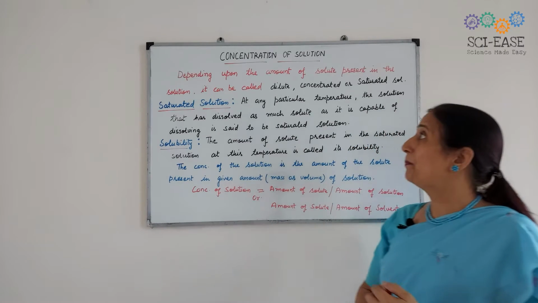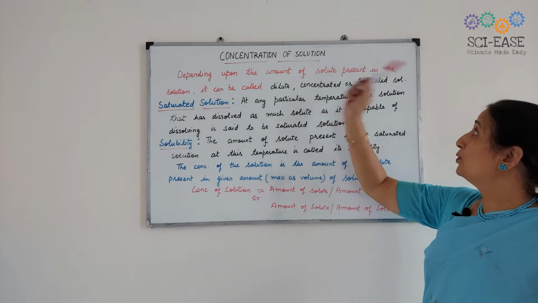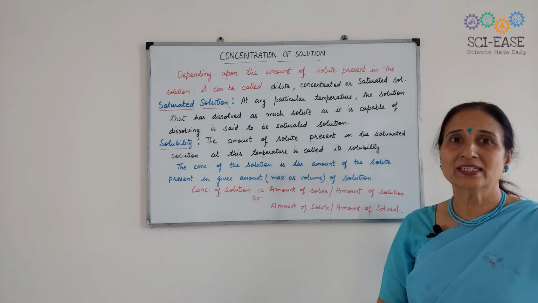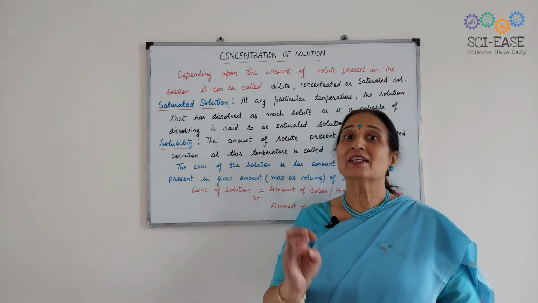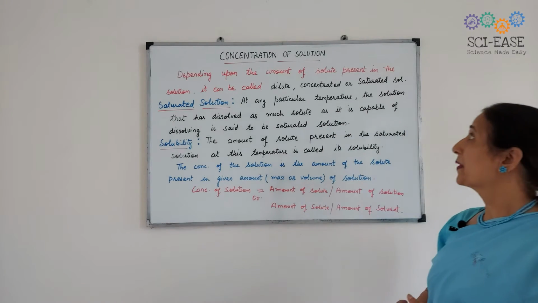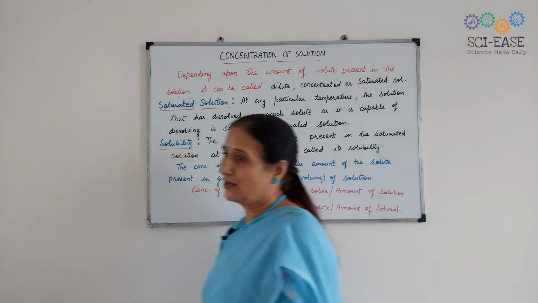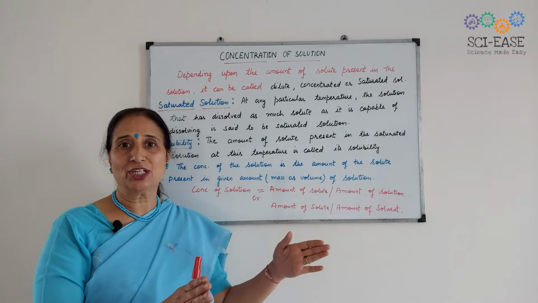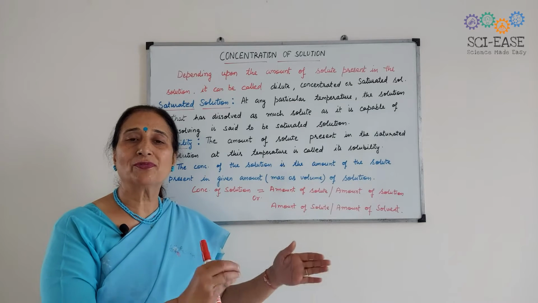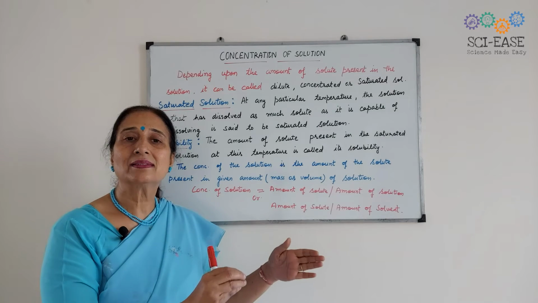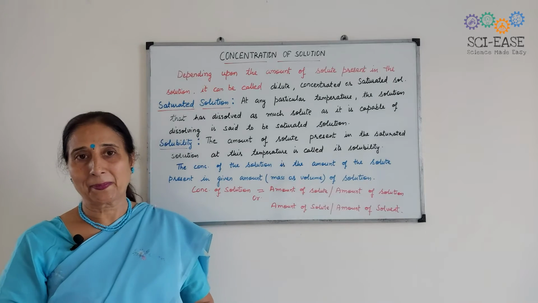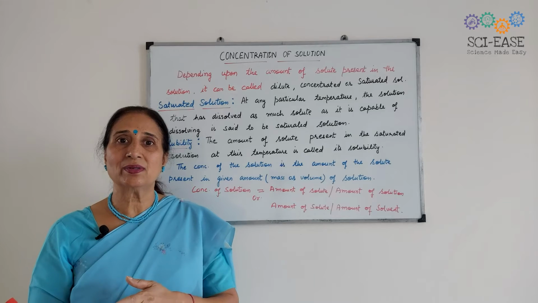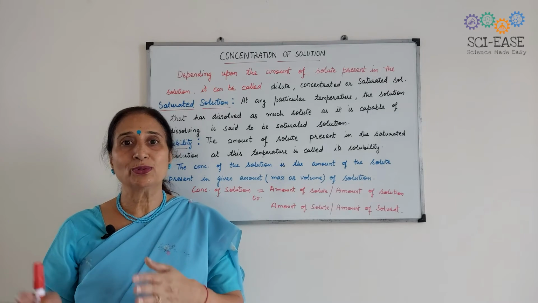So depending upon the amount of the solute present, a solution can be called dilute, concentrated, or saturated solution. In the dilute solution, the amount of the solute is in lesser quantity. And in the concentrated one, the amount of the solute is more.